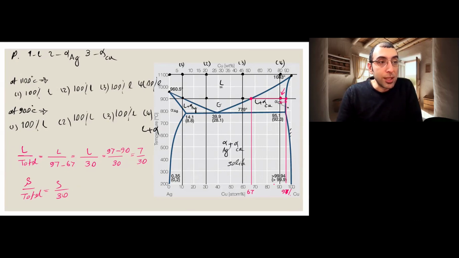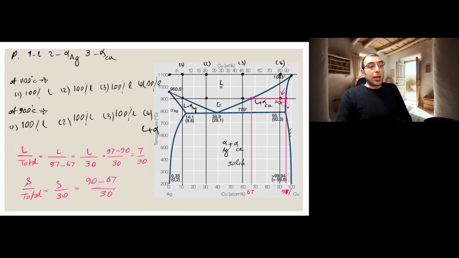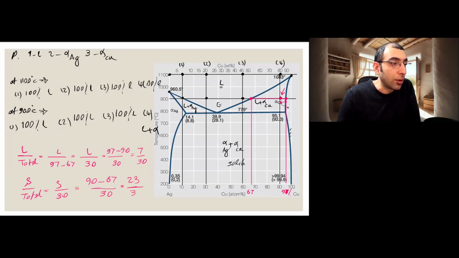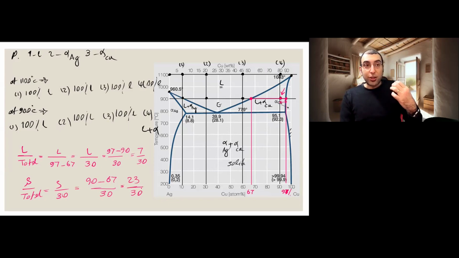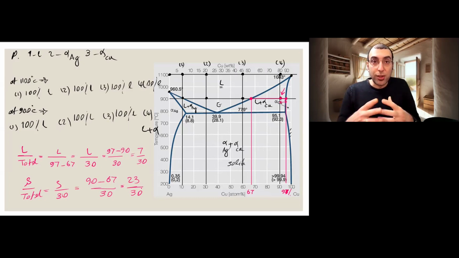So if it's 67 and this is 90, then it's 90 minus 67/30, right? So this is it. So that would be 23/30. Yeah. So this is the phase fraction of solid, and this is the phase fraction of liquid. 7/30 is your liquid, and 23/30 is your solid.